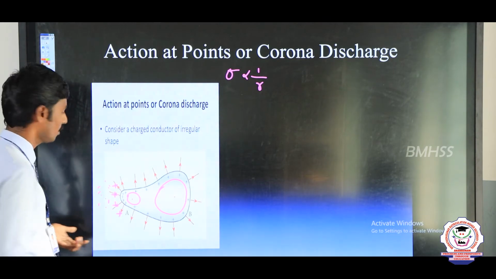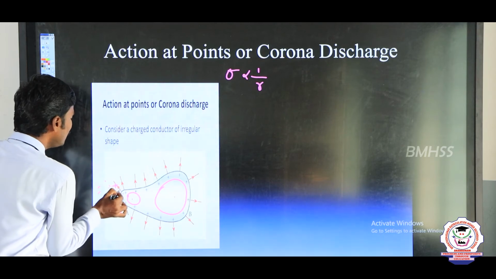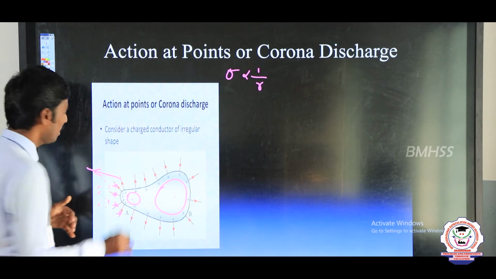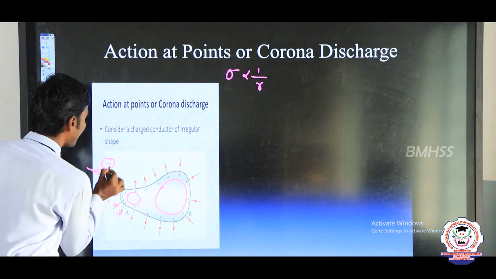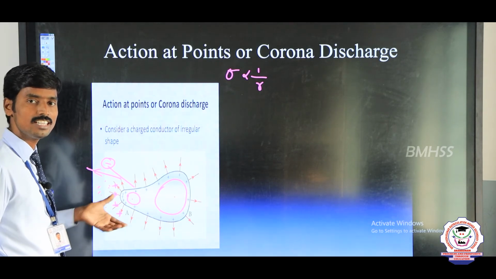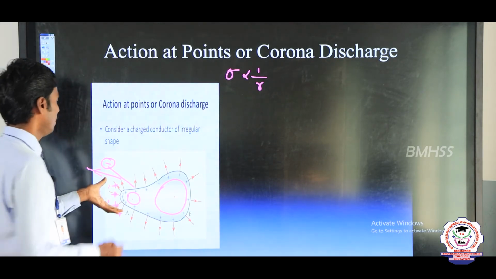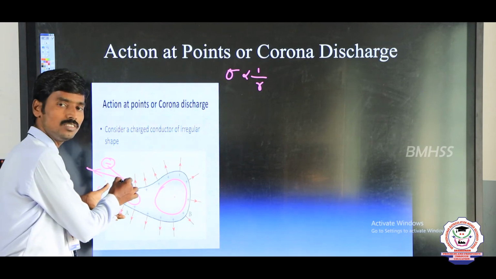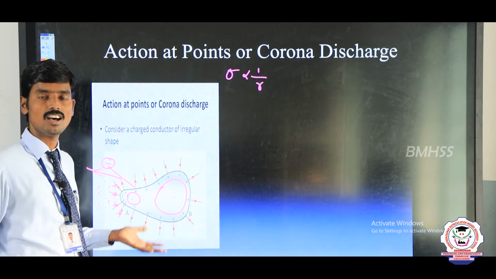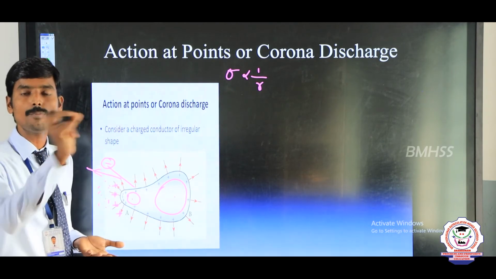At that time positive charges are repelled at the sharp edge, and the negative charges are attracted towards the sharp edge. In this final statement we conclude that at the sharp edge the total charge is reduced, that is, there is leakage of charge at the sharp edge.